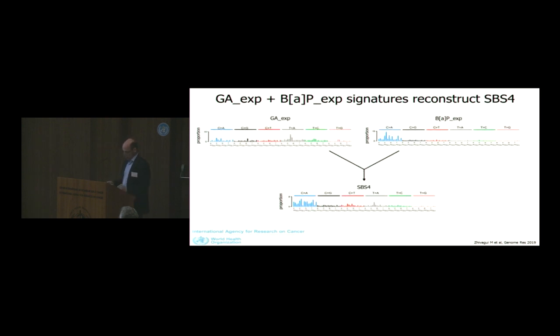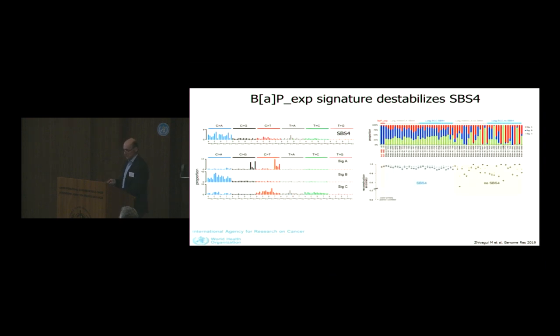Now, we were actually able to show that these 2 signatures of experimental GA and BAP reconstruct SBS4, and under certain conditions of analysis, when we mixed the experimental BAP with TCGA data for lung cancers of smokers with SBS4 or without SBS4, we were actually able to also isolate a pattern which suggested that the SBS4 can be decomposed.